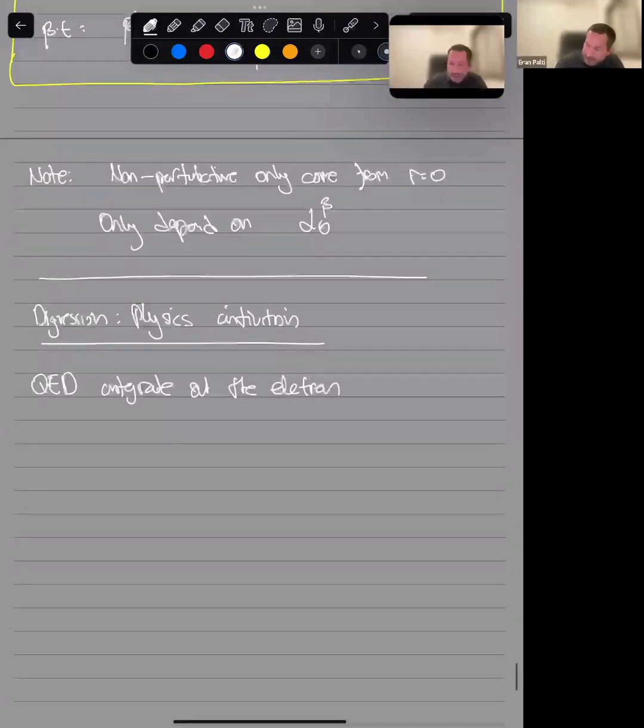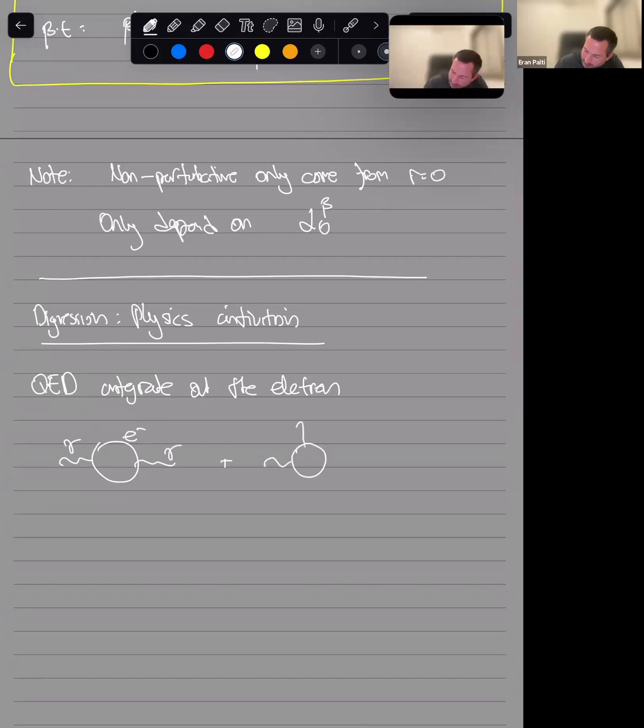When you integrate out the electron in a constant background field, remember I drew these diagrams of the electron, and then you have photons here, or 4 photons and so on, 6 photons. Then when you integrate out the electron in the loop, you find an effective action which goes like F squared plus F to the 4 plus F to the 6, which is very similar to the calculation that we just did.